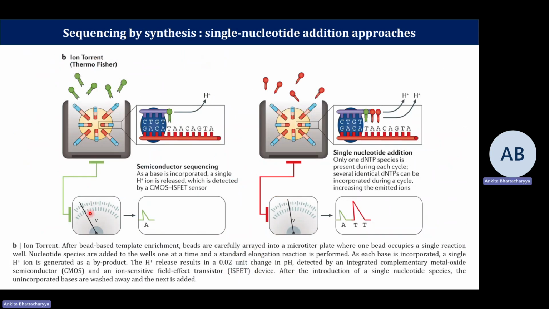Then comes the Ion Torrent method, which involves the use of a semiconductor, which monitors how every time an H+ ion is released, there is a sensor which is able to detect it.